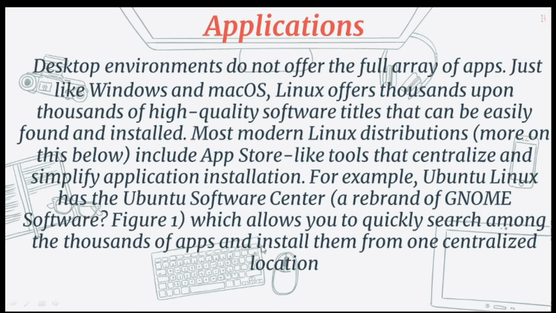Most modern Linux distributions, more on this below, include app store like tools that centralize and simplify application installations. For example, Ubuntu Linux has the Ubuntu Software Center, a rebrand of GNOME Software, which allows you to quickly search among the thousands of apps and install them from a centralized location.